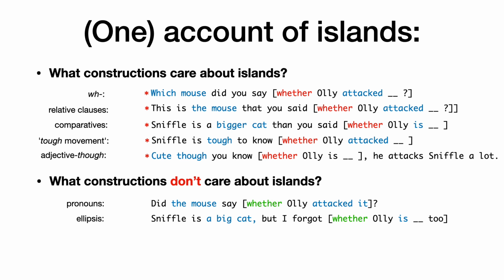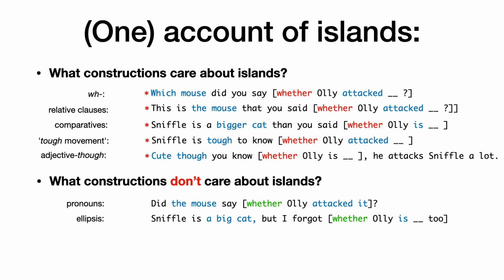So I want to present some more data. This has all been about English, right? At this point, you might be asking yourself, are we overfitting our theory to one particular kind of language or one particular kind of phenomena? Again, these are all weird facts about English that I presented, right? If I were designing English from scratch, I probably would not have come up with island constraints or island phenomena.